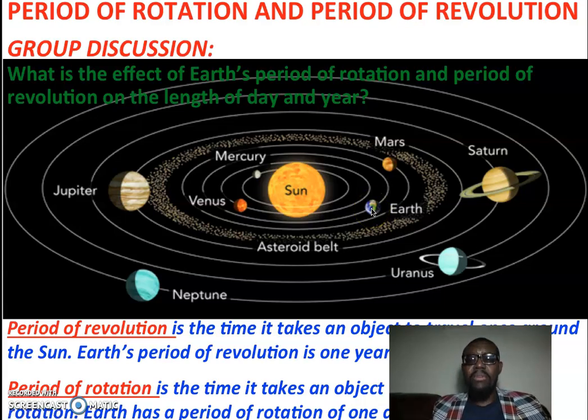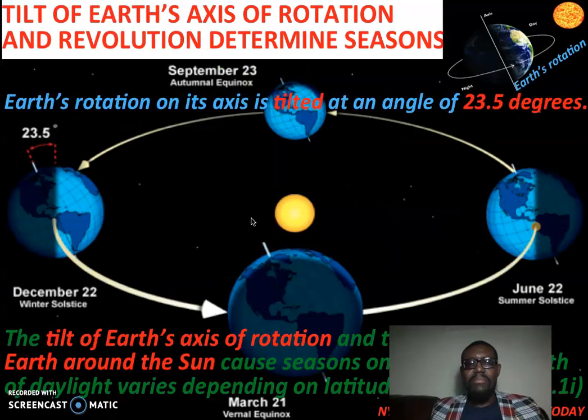It takes 24 hours for the Earth to complete one rotation on its axis. It takes 365 days for the Earth to revolve around the sun. So going around the sun is Earth's revolution, and that takes 365 days.